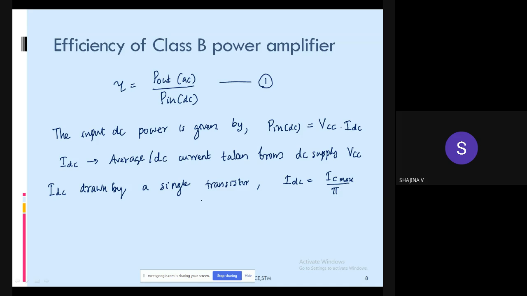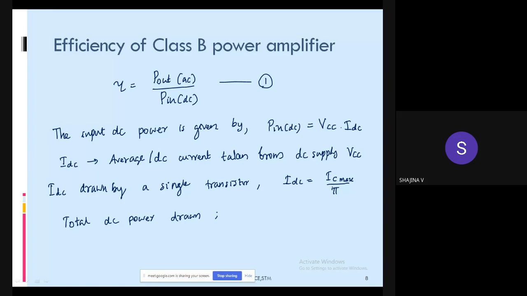So the DC current drawn by a single transistor is given by IDC equal to IC max divided by pi. Hence, the total DC power drawn. We have two transistors, right? So the total IDC, for a single transistor, is IC max divided by pi.